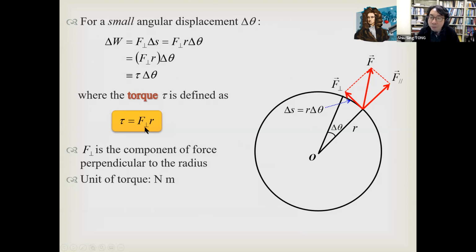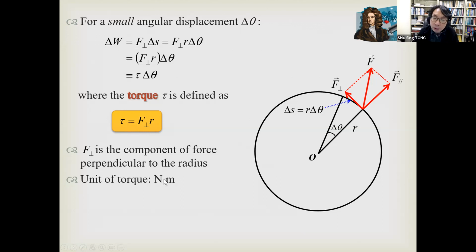We define the torque as the perpendicular component of the force multiplied by the distance from the rotation axis. So you can see in this way we define the torque with this formula, and the torque has a dimension of the unit of force multiplied by the unit of distance. So it has a unit of Newton meter.